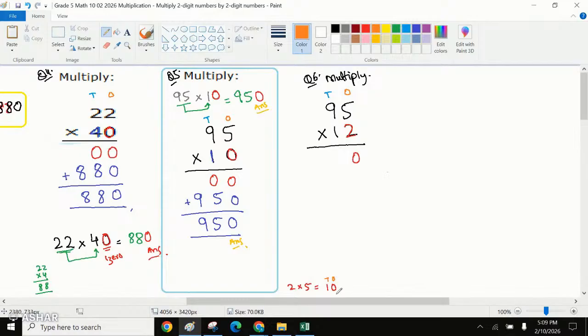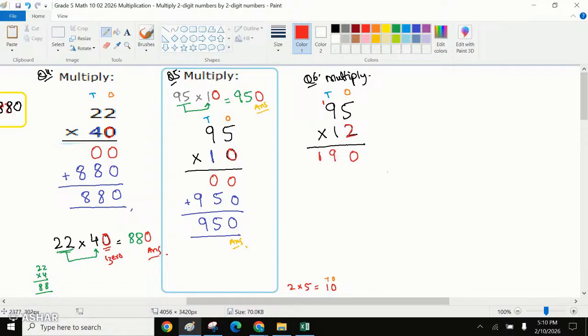There is 0 ones and 1 tens. So we put the unit under the unit and we take the tens over here, under tens. 2 multiplied by 9 is 18. 18 plus 1 is 19.